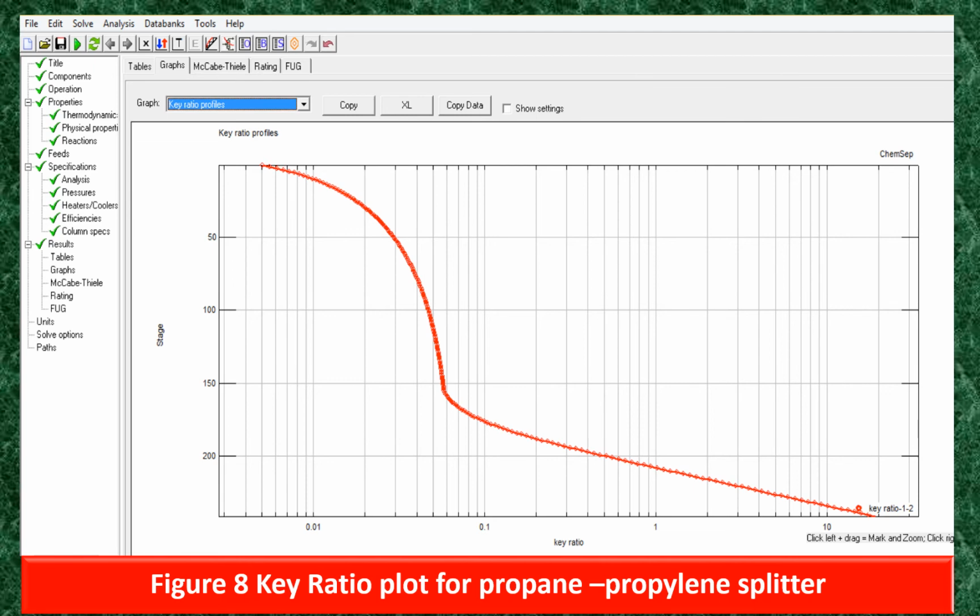We discussed earlier about the use of key ratio plot as one of the optimization methods. For the present case study example, this graph is an illustration of the key ratio plot. Note that the feed plate is placed at optimal location as indicated by the horizontal arrow.